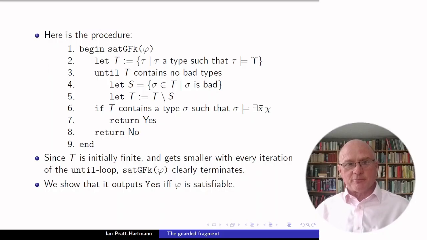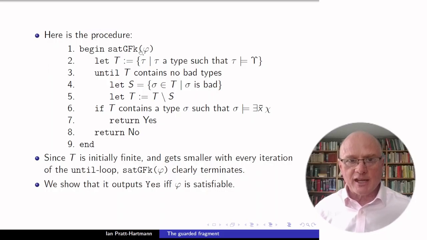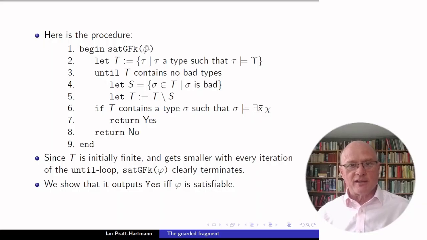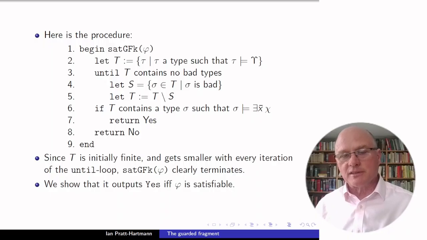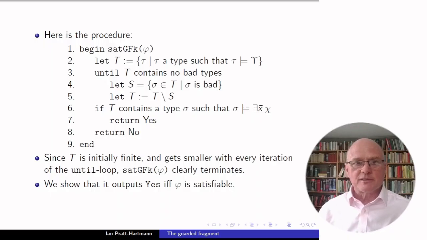So here's the procedure in more detail. It's called Sat GFk, inputs phi. The phi is a normal form guarded formula with at most k variables, and we remember that this normal form formula has the initial conditions, the witness requirements, and the universal constraints.